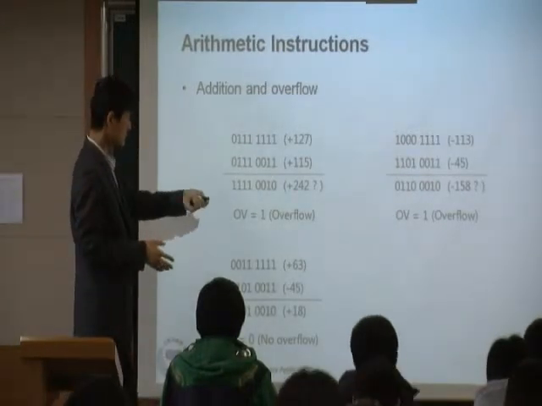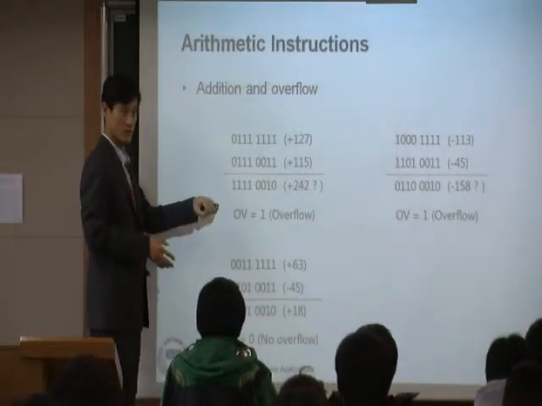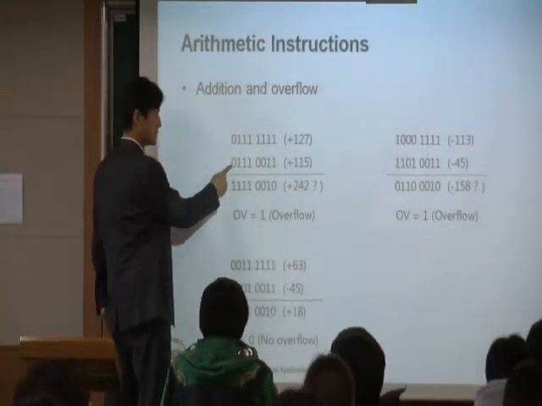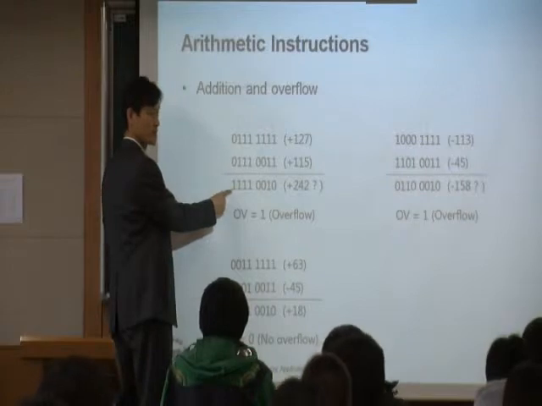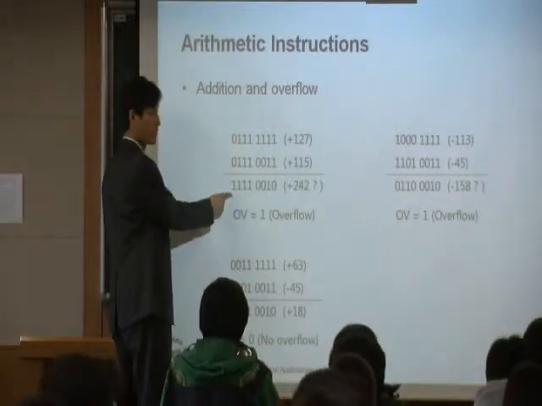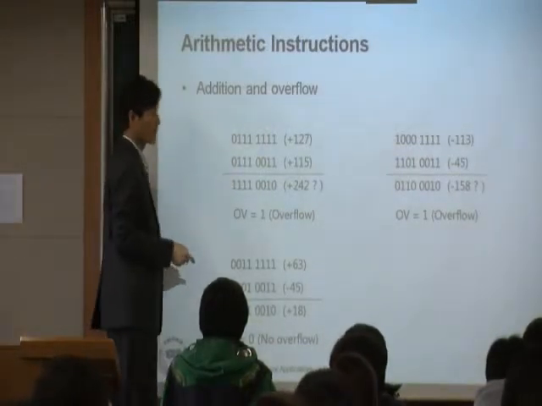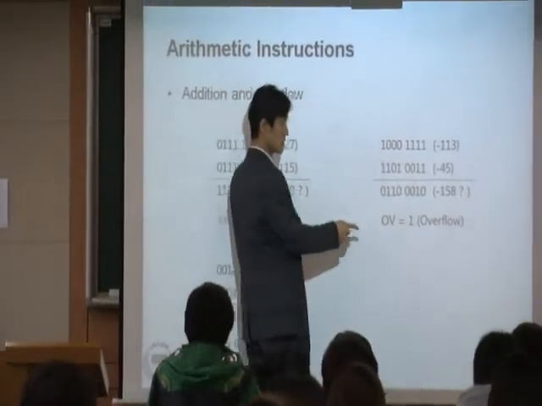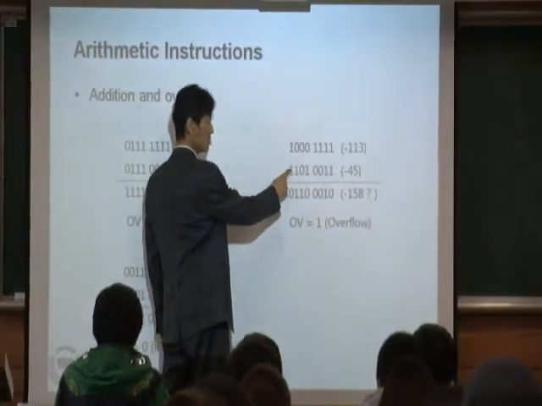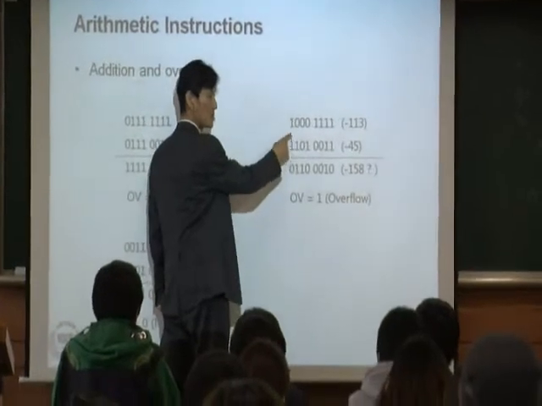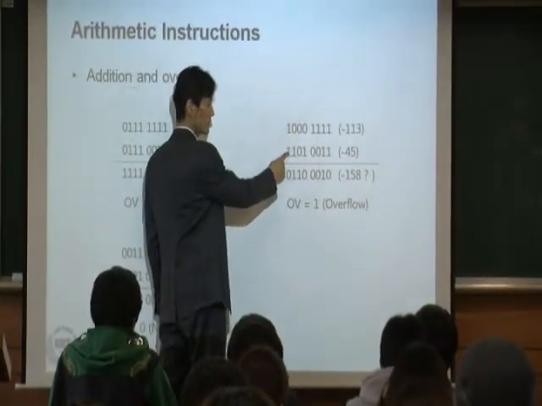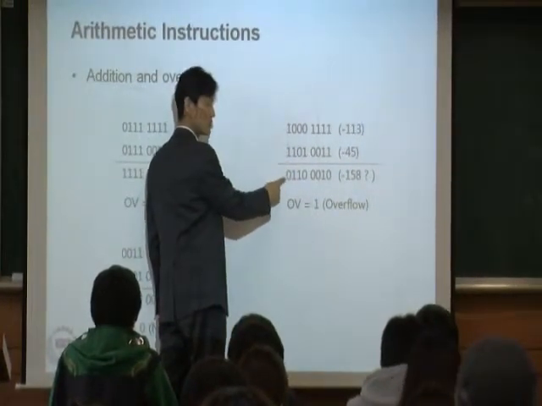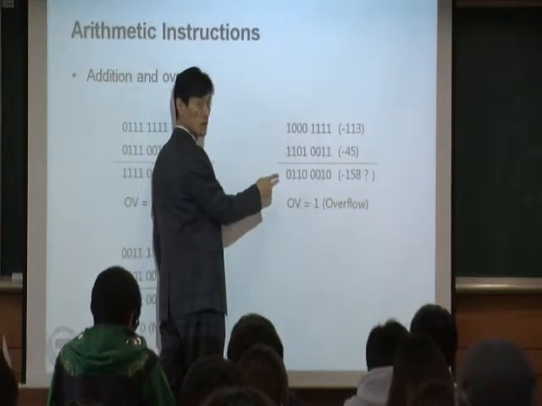So this is a conditional overflow. You have 0, 0, but in the output you have 1 for the MSB. Look at this one. You have a 1, 1 for the MSBs of both values, but the output is 0.